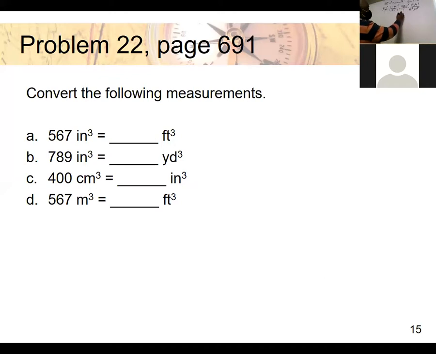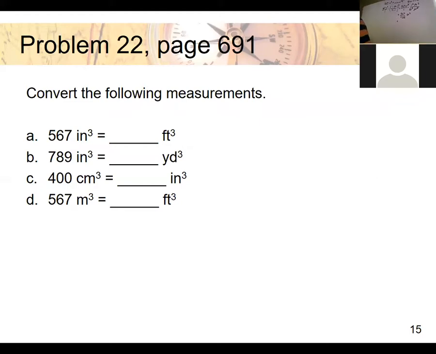That'll leave me with an answer in cubic feet. And I know 1 cubed will be 1, so 1 times 567 will be 567 over 12 cubed. This will be 12 to the 3rd. That'll be 1728. And this will be in cubic feet.